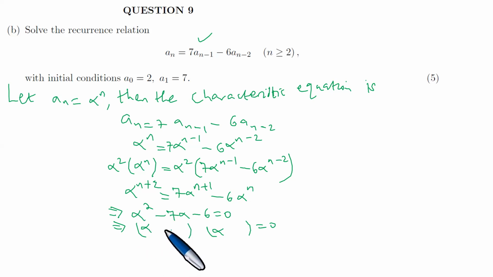You have minus 6 and minus 1, so alpha is 6 or alpha is 1. Let me try to do it here. I can do it on the next slide, but there's an advantage of doing it on the same slide because we can see everything here.